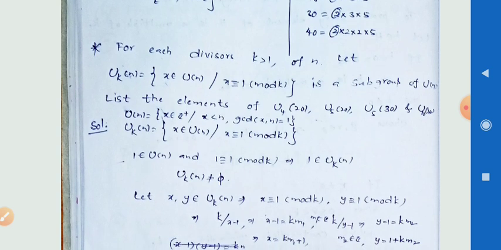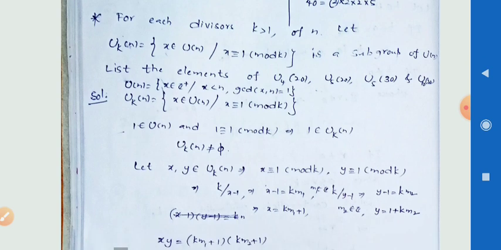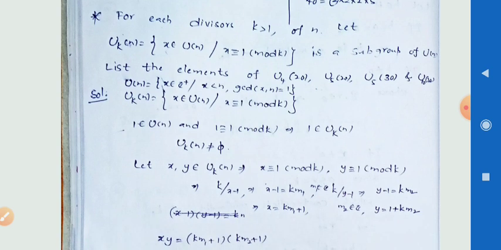Here I have taken 1 belongs to U(n). If 1 belongs to U(n), the condition must be satisfied: 1 is congruent to 1 mod k. Therefore 1 belongs to U_k(n). Therefore U_k(n) is not empty.